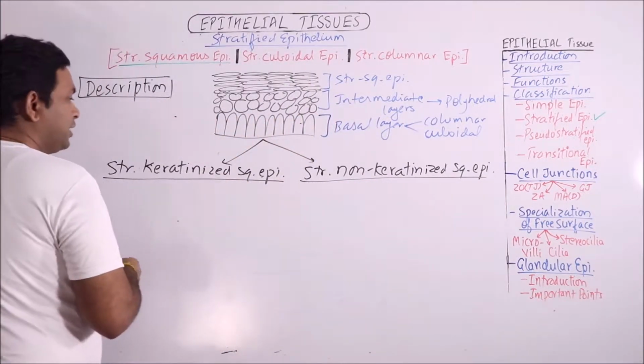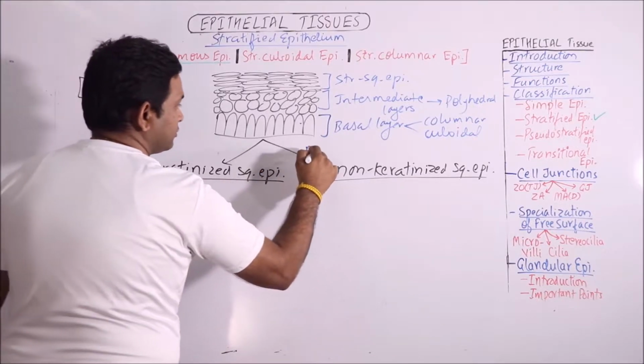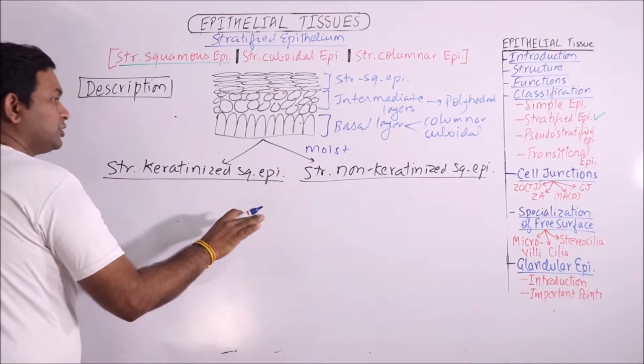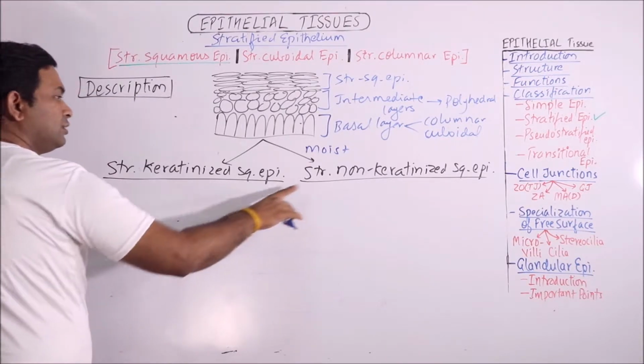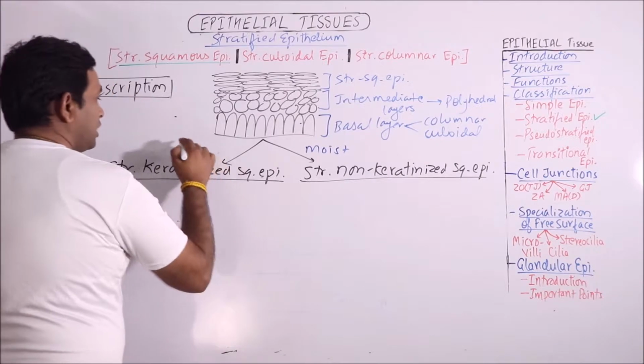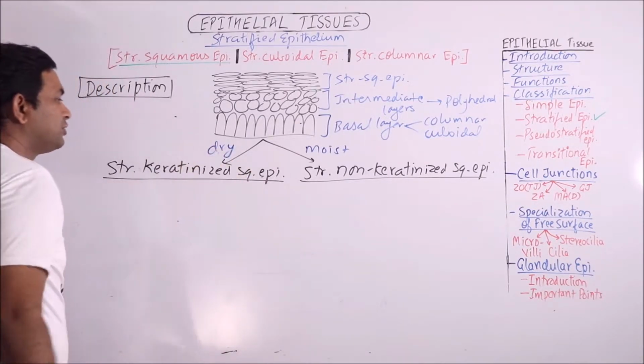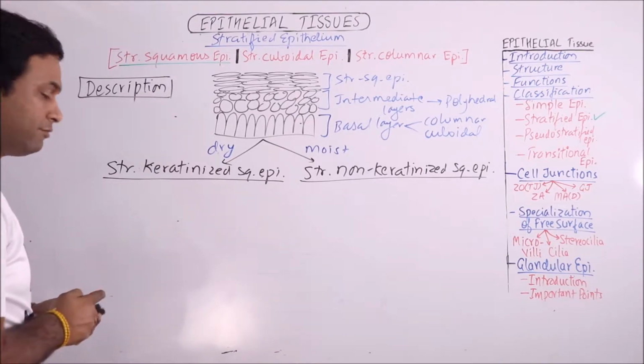If we keep the skin moist by keeping it in contact with some secretion like saliva or mucus, etc., keratin will not develop. And if this epithelia remains dry, then keratin will develop.